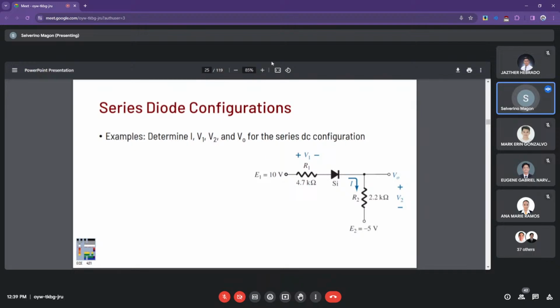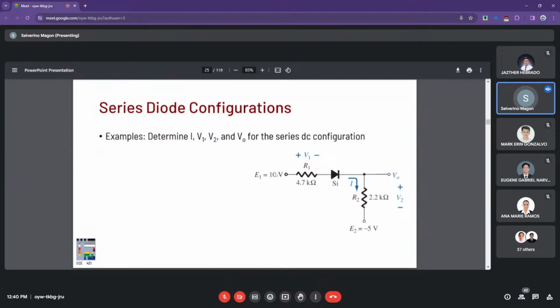So you include the second supply voltage, the negative 5.